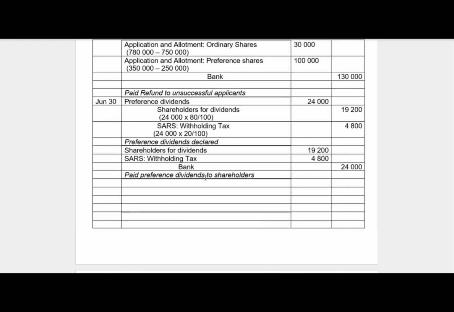So we can go and record. When we record, remember the format says we're going to say ordinary dividends. Debit ordinary dividends, credit shareholders for dividends.